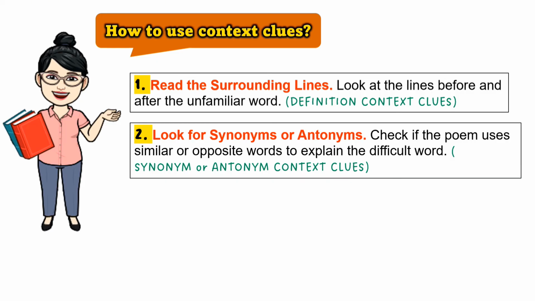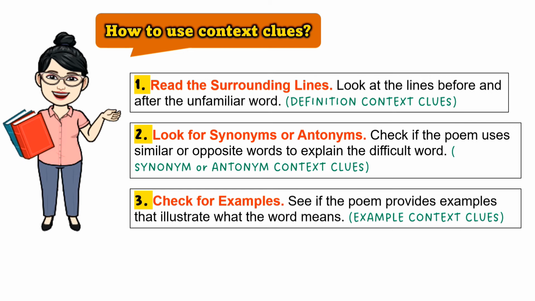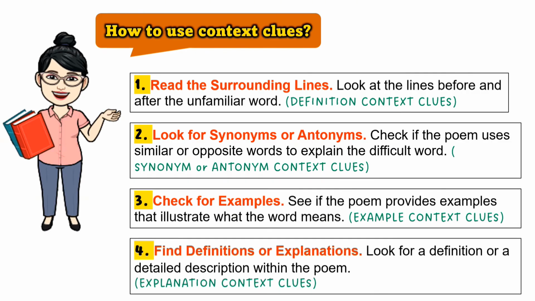Check if the poem uses similar or opposite words to explain the difficult word. 3. Check for examples. See if the poem provides examples that illustrate what the word means. 4. Find definitions or explanations. Look for a definition or a detailed description within the poem.